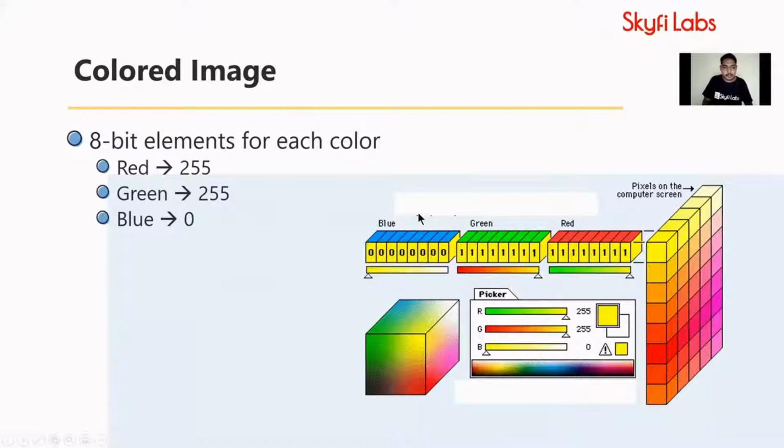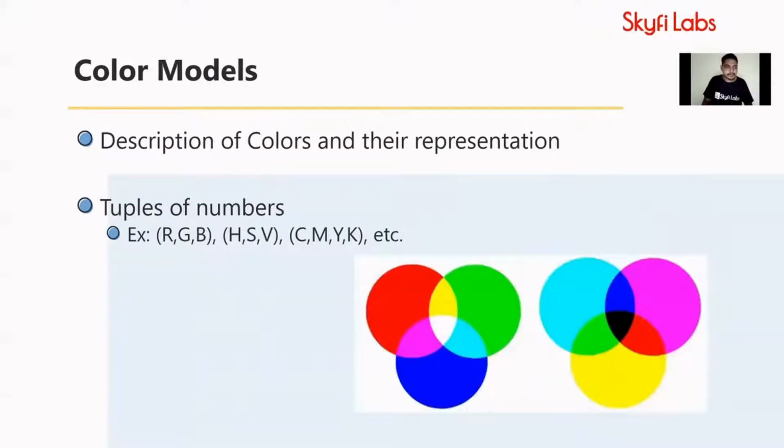So here you can see this is blue, it's 0, green is maximum, that's 255, and red, again, is 255. So the final color that we get is yellow. Yellow is a combination of red and green. Once we do the practicals, we will see how exactly it works.